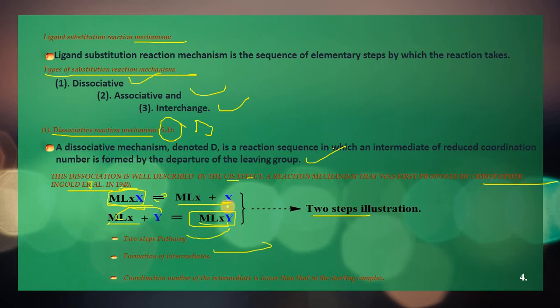When the intermediate is formed, another ligand tends to enter and attach to the complex. It is important to take note that in this dissociative reaction mechanism, the intermediate is lower than the starting complex.